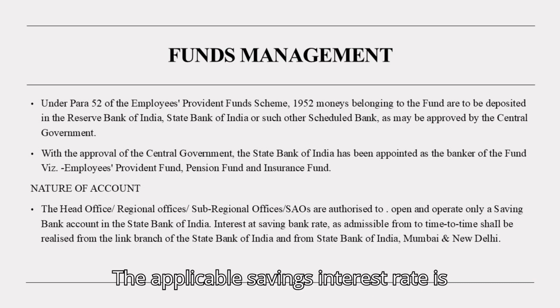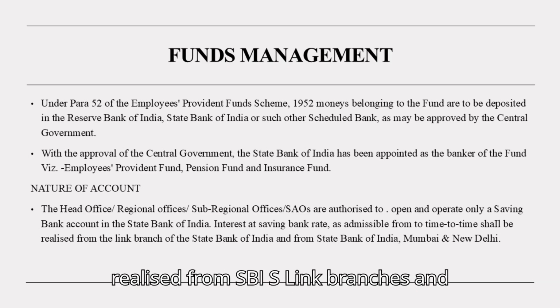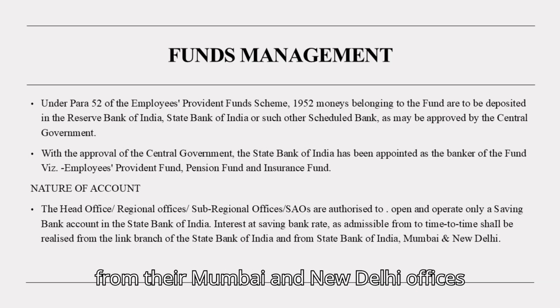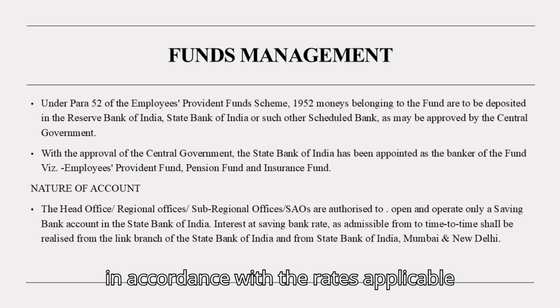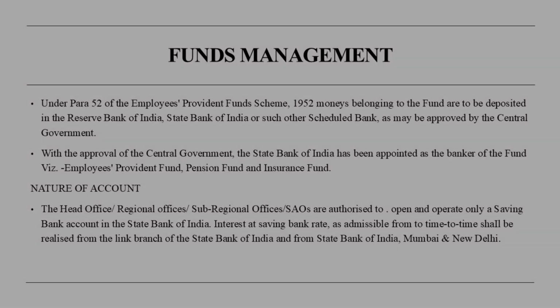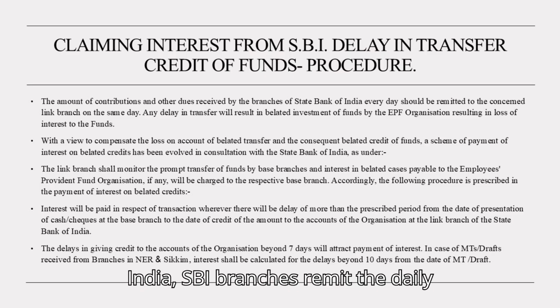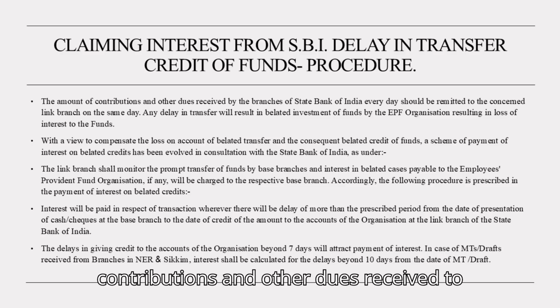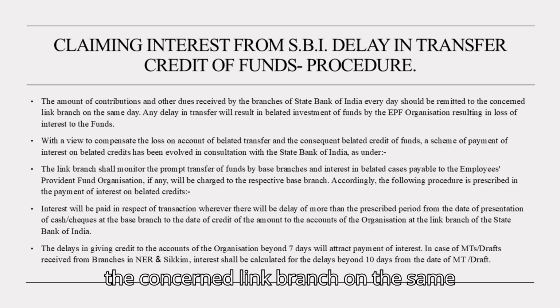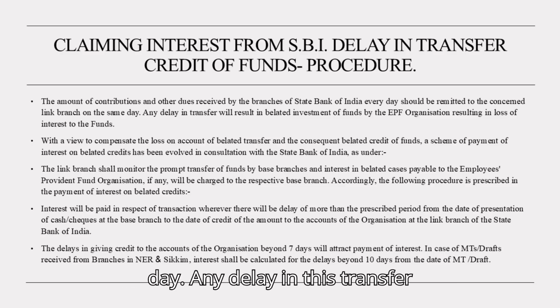The applicable savings interest rate is realized from SBI's link branches and from their Mumbai and New Delhi offices, in accordance with the rates applicable from time to time. It is crucial that the State Bank of India, SBI, branches remit the daily contributions and other dues received to the concerned link branch on the same day.